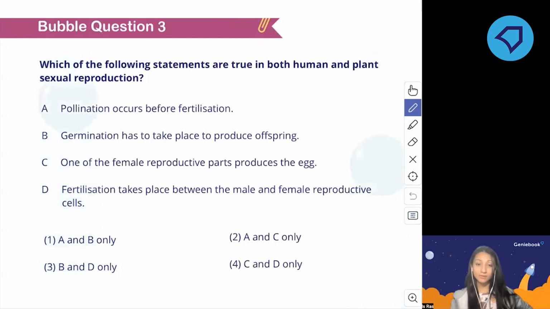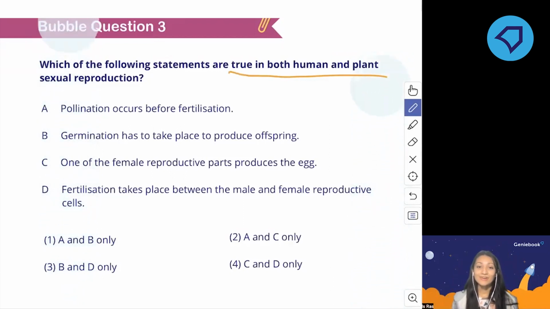Offspring means the young, or the baby. Part C says one of the female reproductive parts produces the egg. And part D says fertilization takes place between the male and female reproductive cells. So the question is asking, true in both human and plant, so it must be present in both.